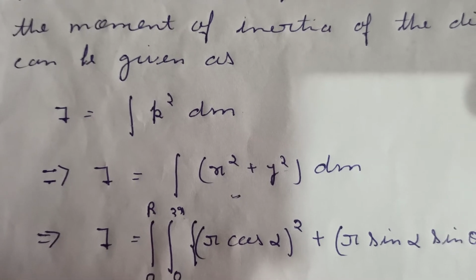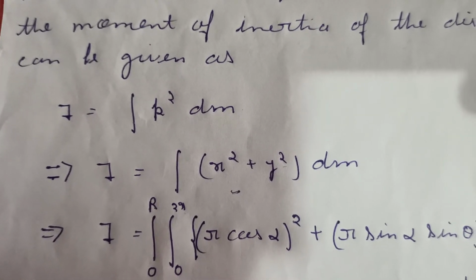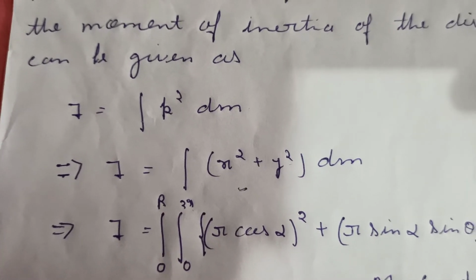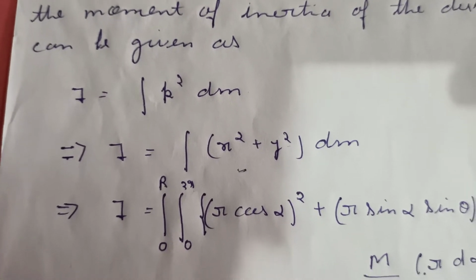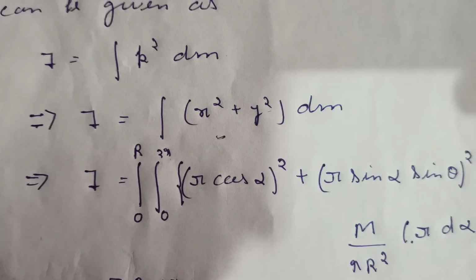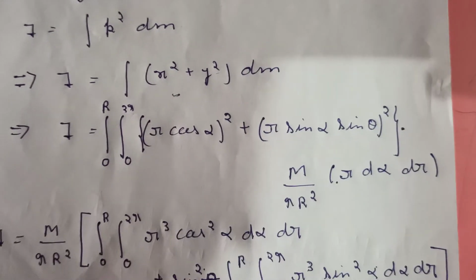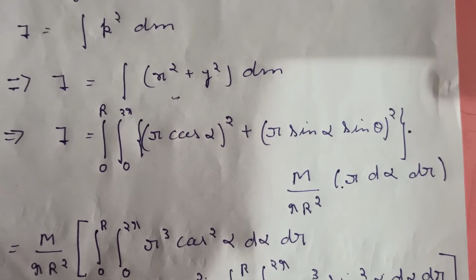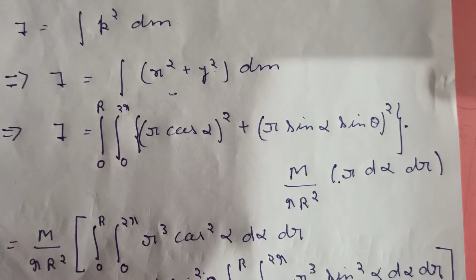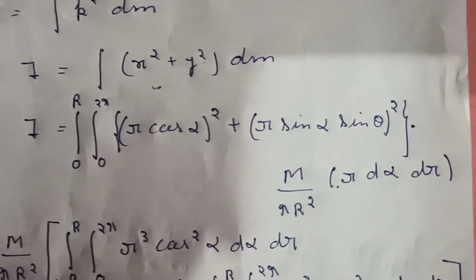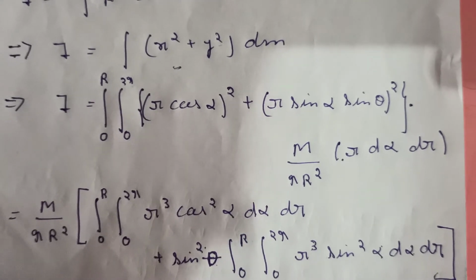Now for the moment of inertia of extended objects, we know I is equal to the integration of k square dm, and since k square is equal to x square plus y square, we put in the proper values of x, which is r cos alpha, y, which is r sin alpha sin theta, and dm, which is M upon pi r square times r d alpha dr. So we get the equation like this.